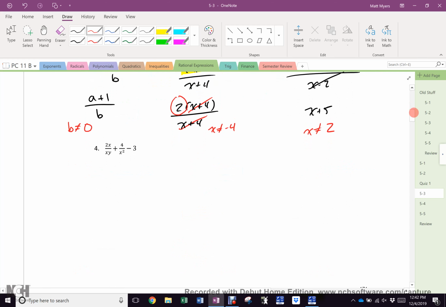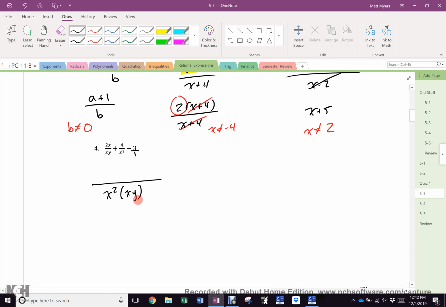All right, what makes 4 different? It does not have a common denominator, right? What's the denominator under 3? 1. Okay, so it doesn't have a common denominator. What's the easiest way to get a common denominator? Multiply it together. x squared, xy.